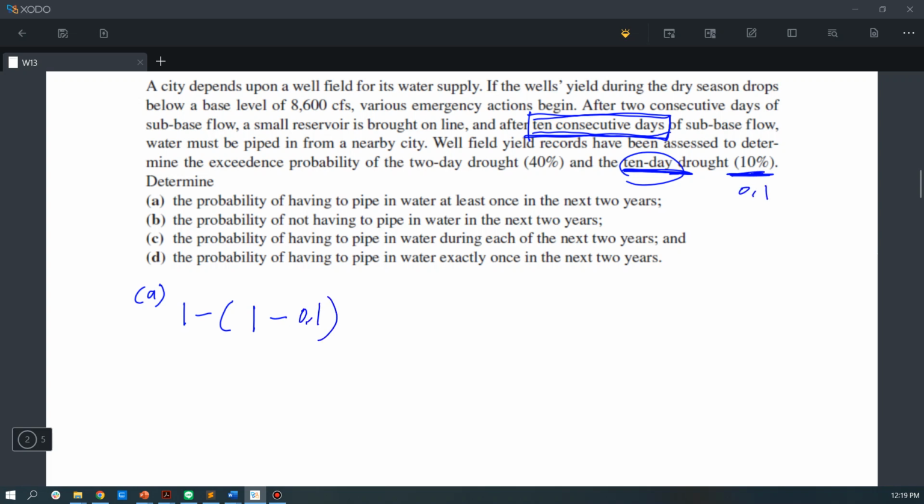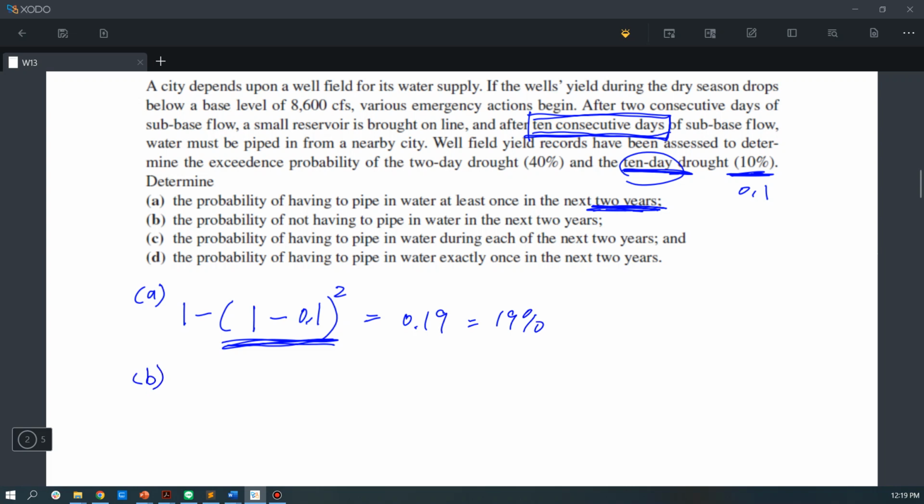This is the probability that you don't need to pipe in water in a year, and we want to do this for 2 years, so we need to square it. Therefore, we get a probability for problem A of 0.19, or 19%.